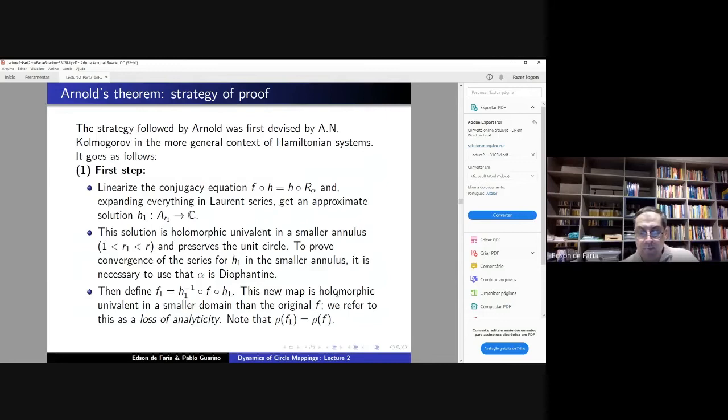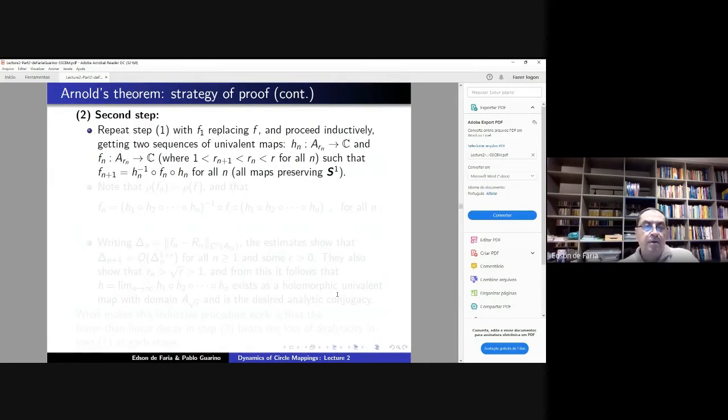So the second step is this induction step. You repeat this process: you replace F with F1 and proceed inductively. So you get two sequences. You get a sequence of univalent maps which are close to the identity, these H sub n's, defined in smaller and smaller annuli.